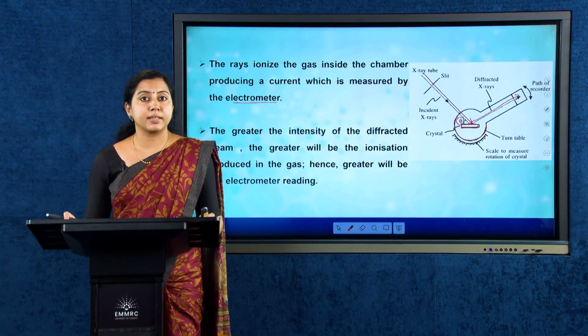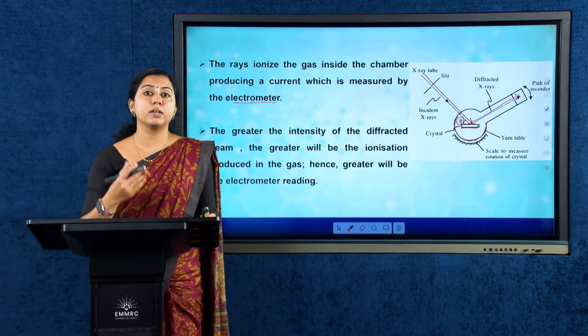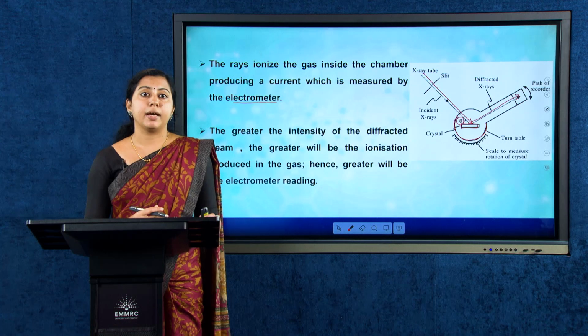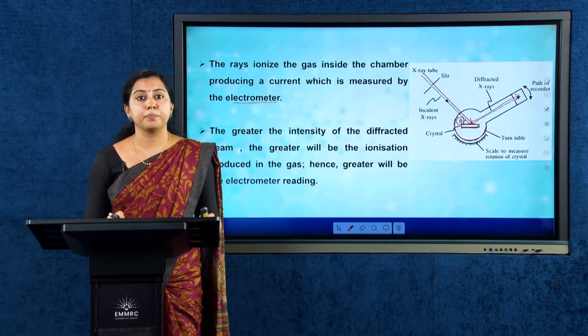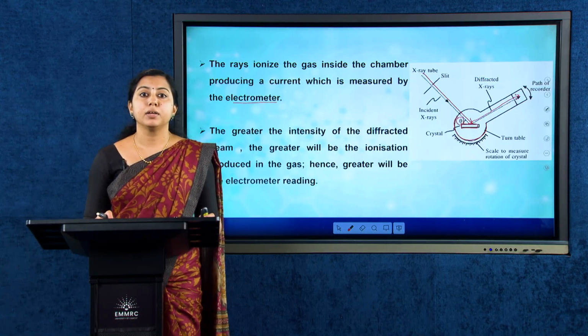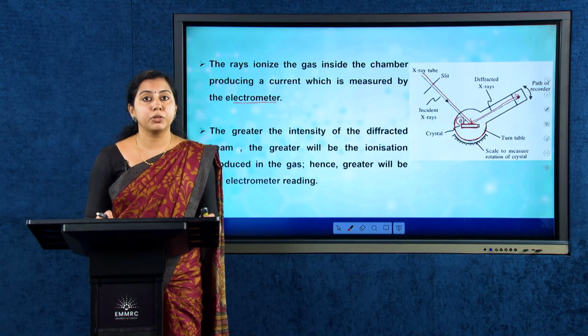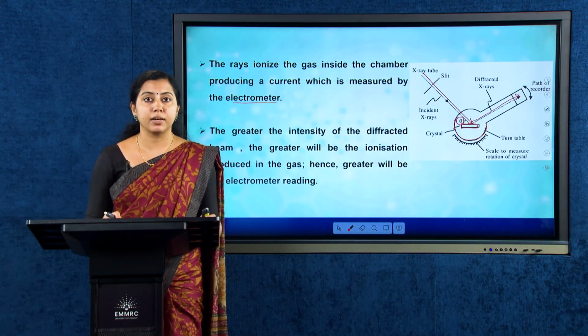So, when the X-rays enter the ionization chamber, what happens? These X-rays can ionize the gas inside it, and that produces a current which is measured by the electrometer. And the greater the intensity of the diffracted beam, the greater will be the ionization produced in the gas, and hence greater will be the electrometer reading.